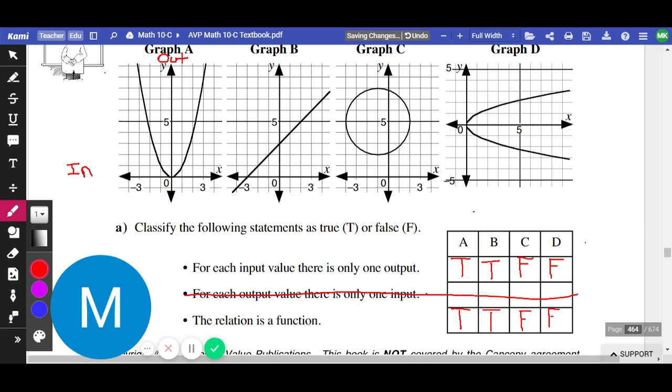If you run a vertical line across your graph, it should never touch your graph at more than one spot. So for instance, if I take this and I put it right here, you'll notice that it's touching my line only at one spot, right there. Maybe this, let's try to see through it. No. A little better, a little better.